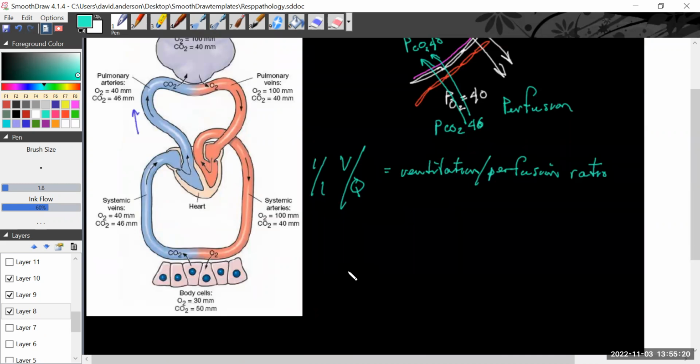So if we have a scenario where ventilation is reduced, and we're interested in maintaining a 1-to-1 ratio, what's going to have to happen to perfusion?